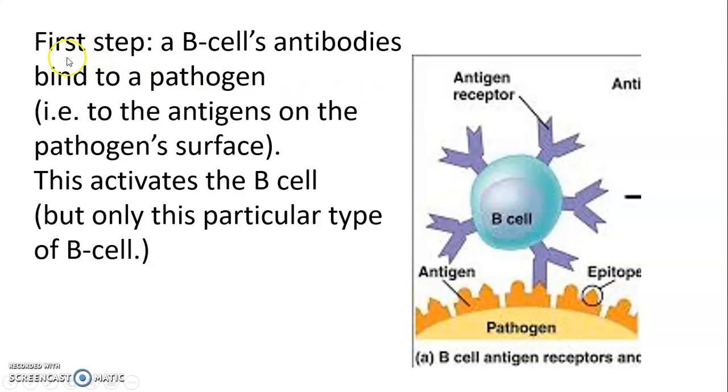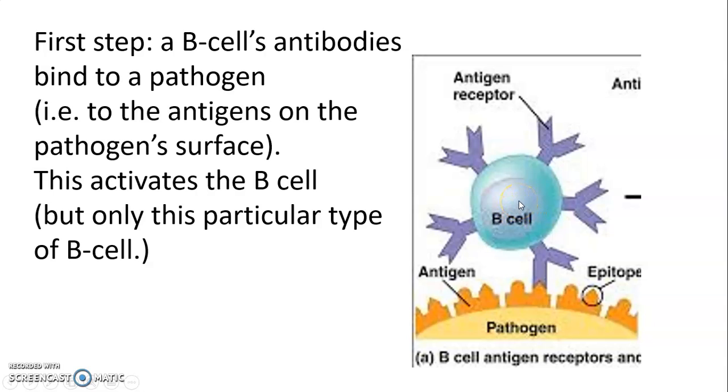Okay, so the first step in the immune response here: a B cell's antibodies bind to a pathogen. It finds a pathogen that it can bind to and binds. To be more specific, when it's binding to a pathogen, it's actually binding to the antigens on the pathogen's surface, okay? And what happens at this moment, right in this moment right here, what you're seeing is the B cell is activating. It's waking up.